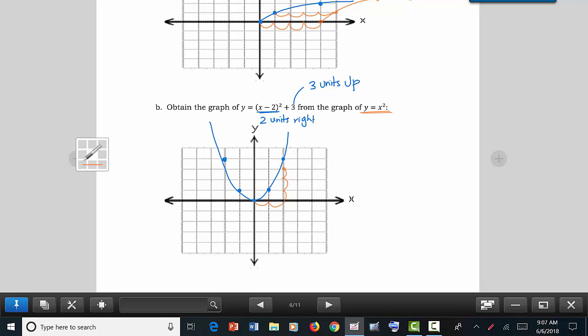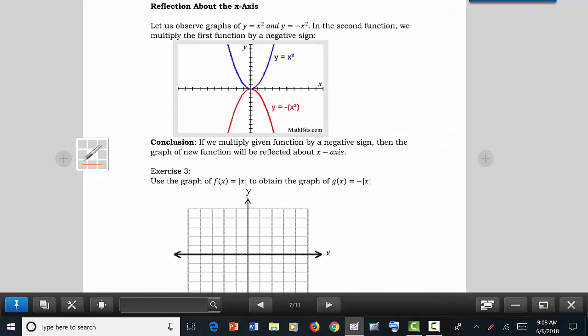So that point will hit there. And 2 units, 3 units up: 1, 2, 3 will hit there. This point, 1, 2, 3 will hit there, and if we join those points with a smooth graph, our graph will be like that. So basically we have to know the impact of those numbers added to or subtracted from the input, or added or subtracted from the output.